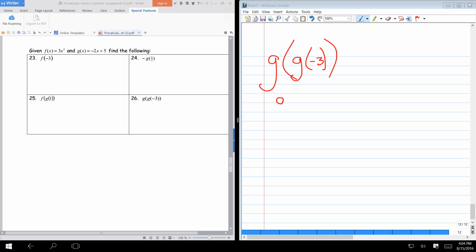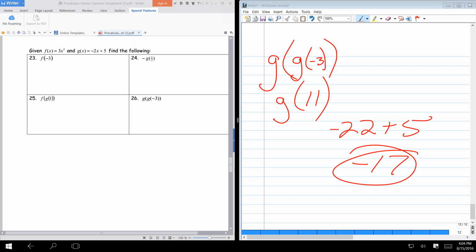Okay, so that's the same as g of 11. Now what's g of 11? G of 11 is negative 2 times 11. Okay, so negative 22 plus 5. Don't forget the plus. Right, negative 17. So that's the answer for that one.